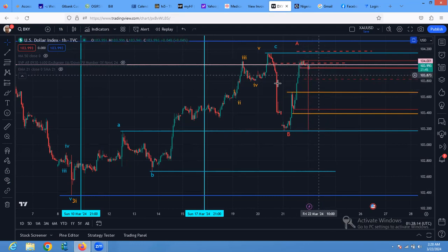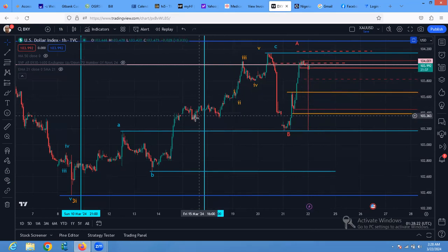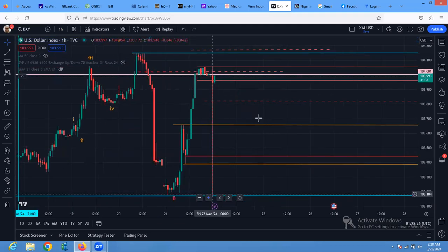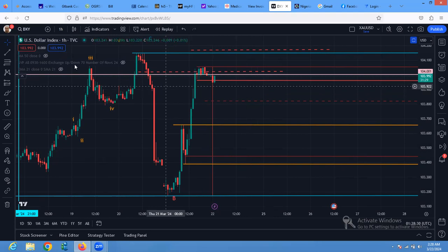And this is an A, B, C, so once we break this level, then we are sure that, yes, we are deeply correcting this. We need to take this level out. I believe we are done with this wave, if it's a B wave.